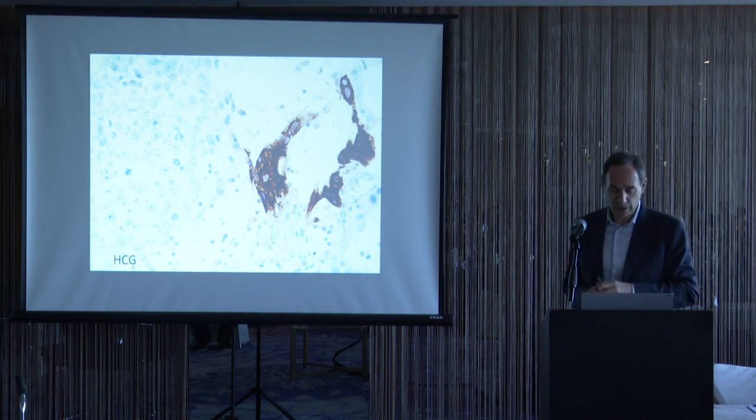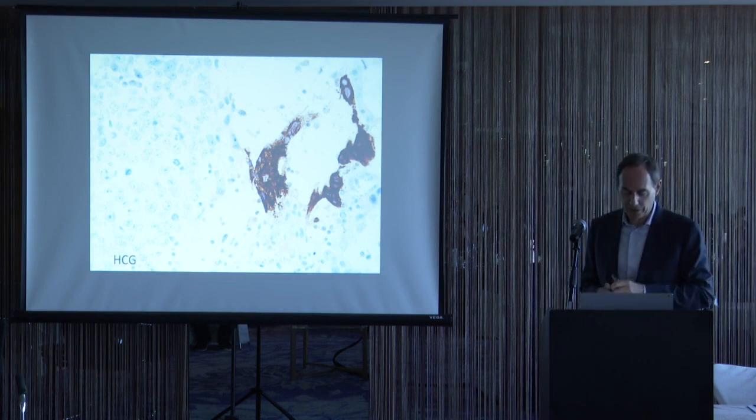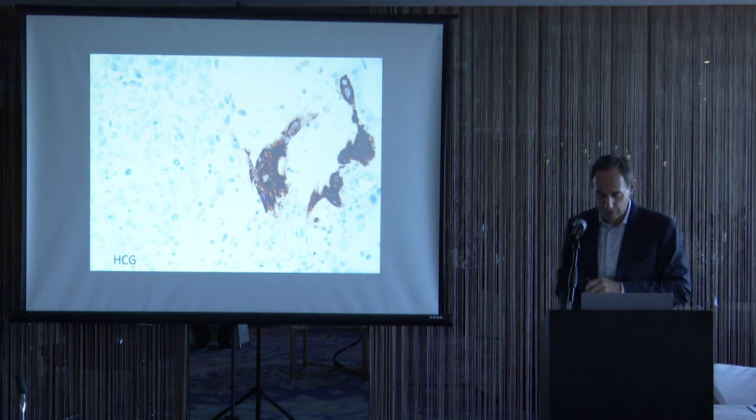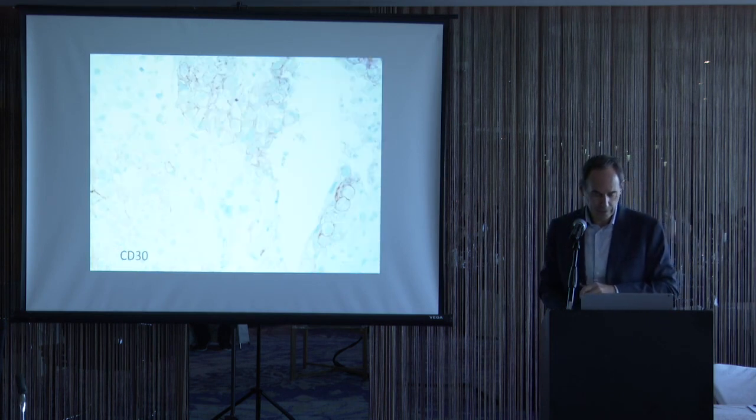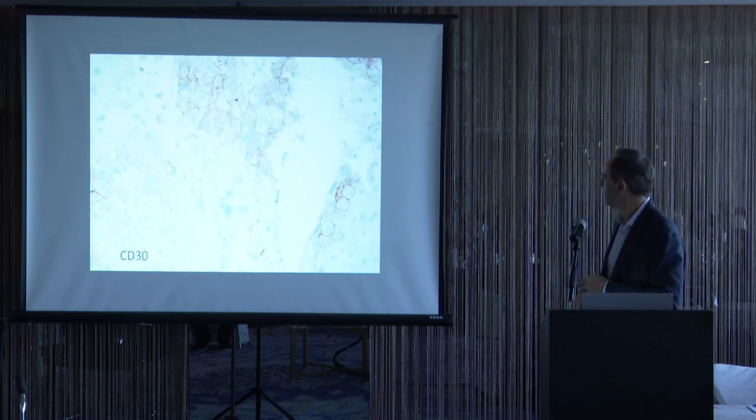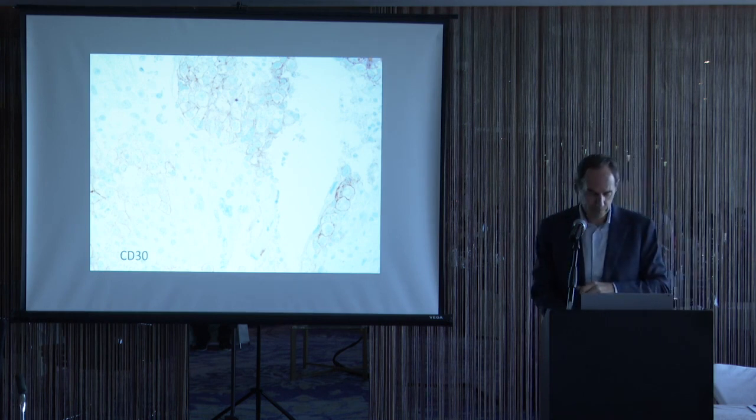HCG will not light up the embryonal carcinoma cells, so that's another marker that can be useful. And then CD30, as I mentioned, will highlight that you're dealing with embryonal carcinoma, not cytotrophoblast, and the syncytial trophoblast will be negative for CD30.